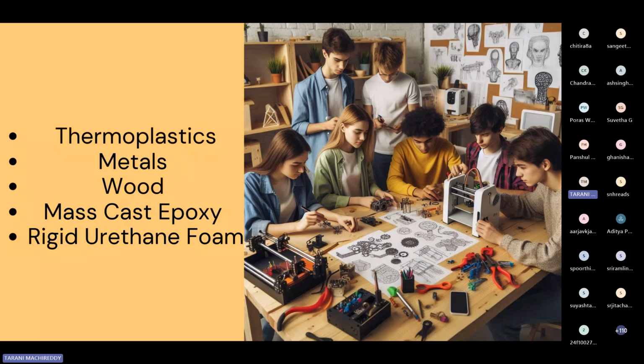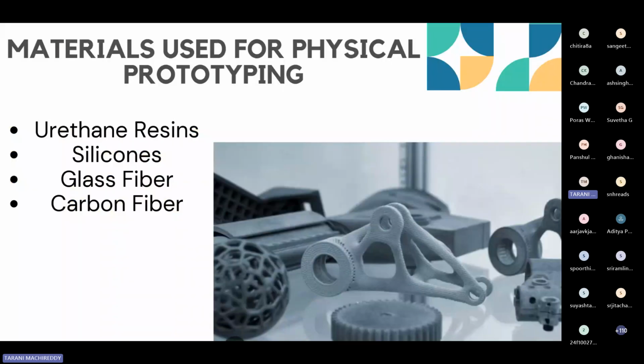We use mainly these materials for physical prototyping, and we also have some cons in using these materials. While using urethane resins, it is not impressionable and so may leave a rough finish.